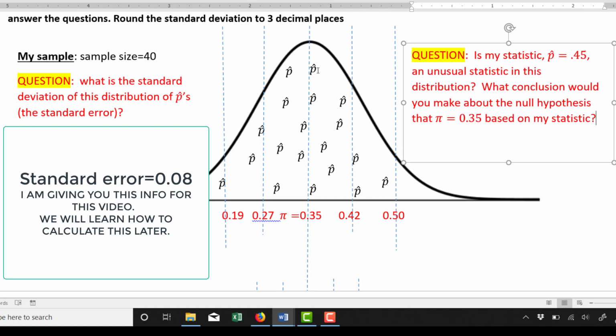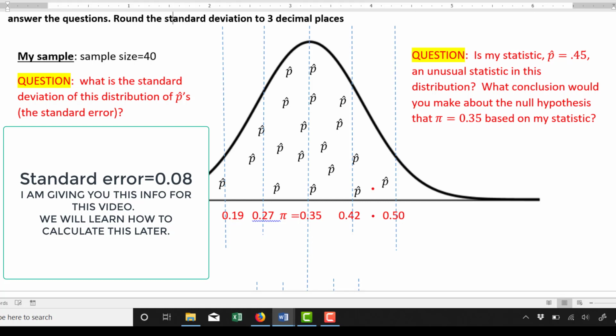I see that my statistic of 0.45 would land between a standardized statistic of z equals 1 and z equals 2, between 0.42 and 0.5. So the z-score of my statistic will be somewhere between 1 and 2. And that's not unusual.